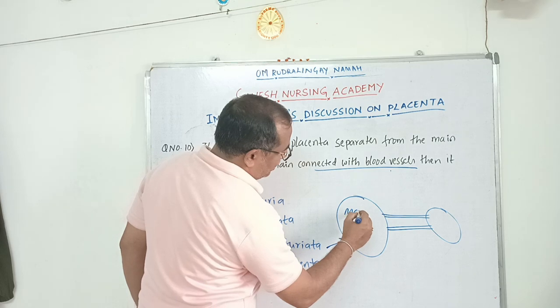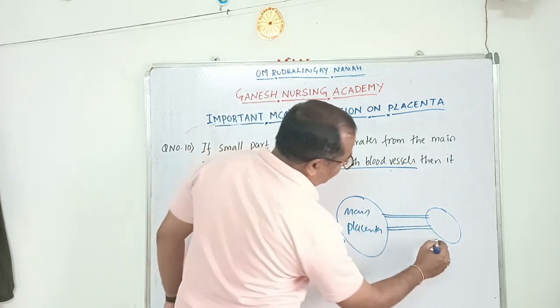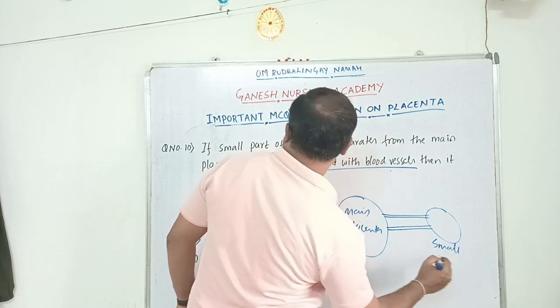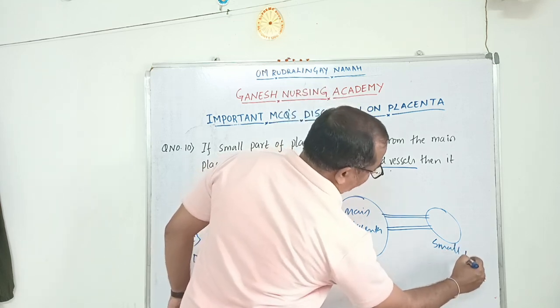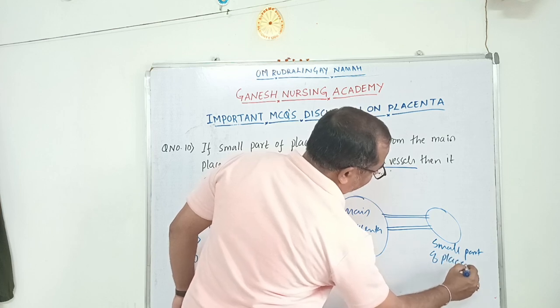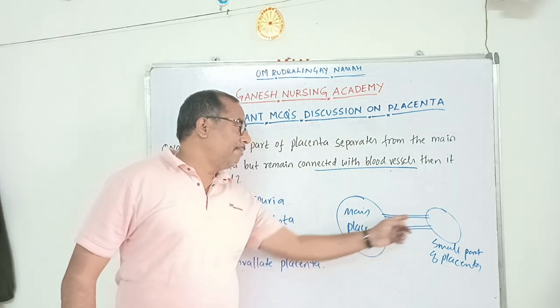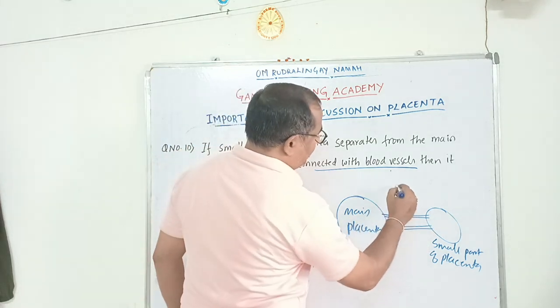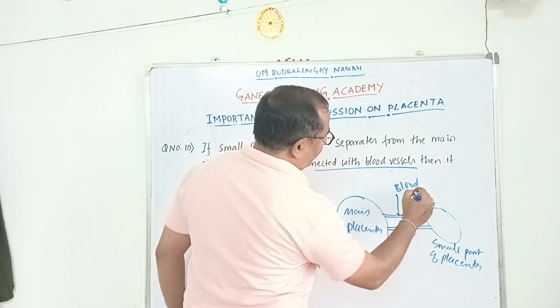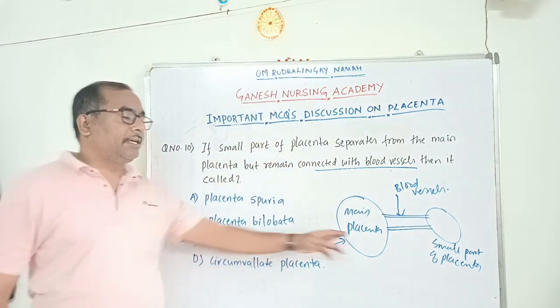This is the main placenta, and this is a small part of the placenta. When the main placenta and the small part of the placenta are connected with each other by the blood vessels, then it is called a placenta secundariata.